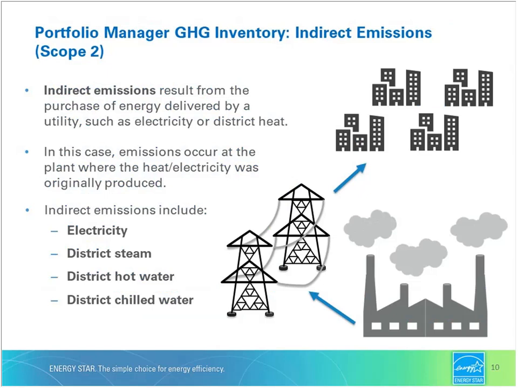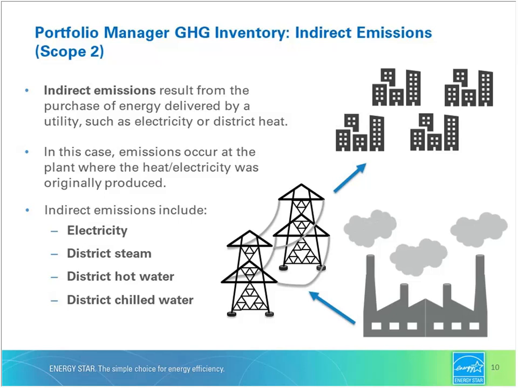So great examples here would be electricity, district steam, district hot water, district chilled water. Essentially, in these cases, what you are purchasing is not the raw fuel. You're not combusting the raw fuel on site. Rather, somebody else, a utility or a district energy provider, is doing the actual consumption of the raw fuel, and what they're delivering to you is a secondary fuel source.